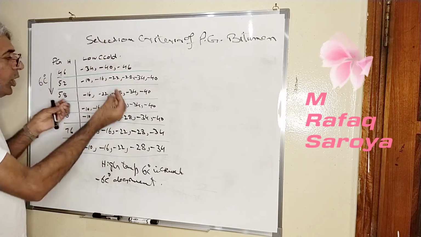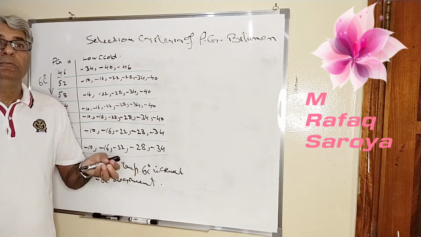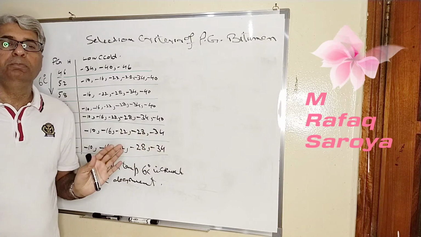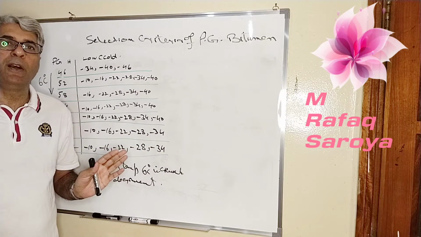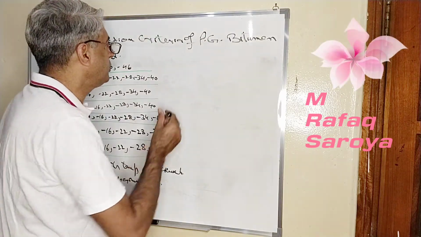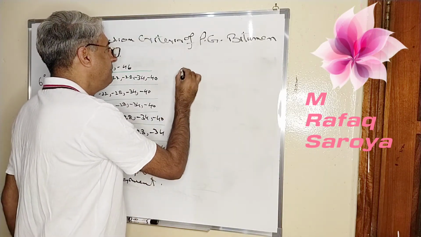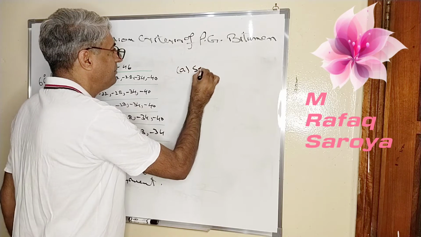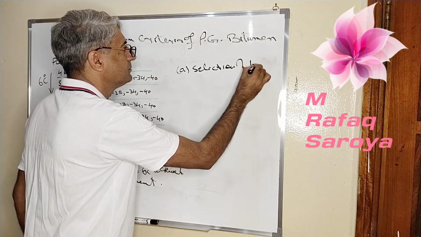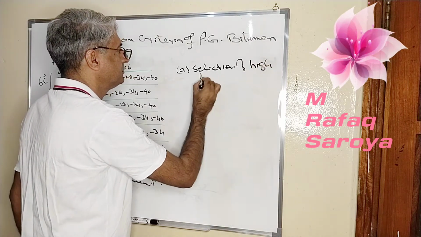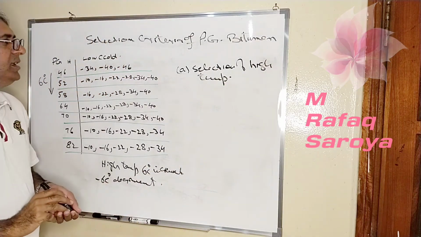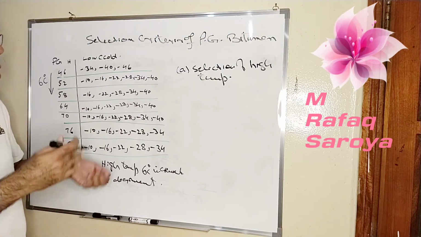Now, how will we select which bitumen grade is to be used for the development of hot mix asphalt? It is based upon two criteria. First of all, selection of high temperature. Selection of high temperature means you have the temperature of a certain area.